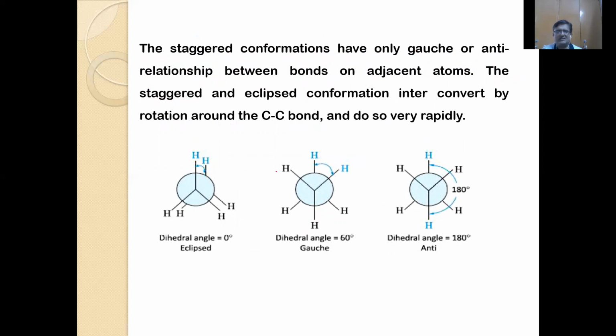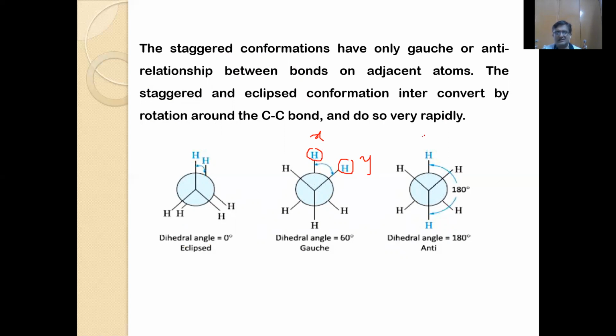Relationship. When you take some other groups x and y, suppose this is an x and this is y, in the eclipsed form, it is called actually staggered far away from each other. When x and y are different groups, after 60-degree rotation, whatever it exists, it is called gauche conformation.